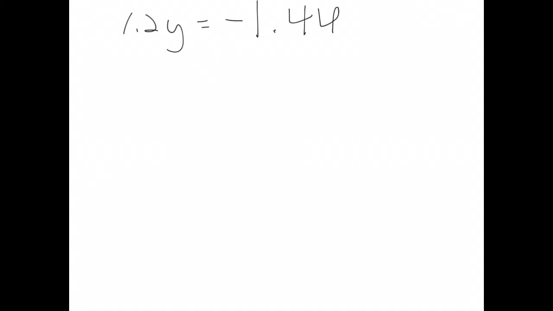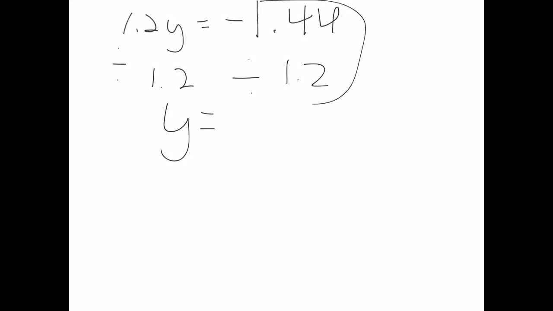First thing that you're going to do is divide 1.2 on each side, because when you have a letter next to a number, you multiply. And then you're left with y on this side, so then you just have to solve this problem right here.